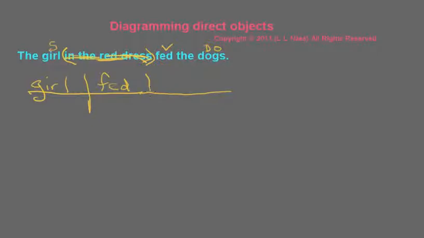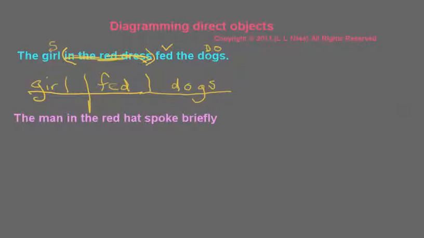And that's not very straight, but that should have been perpendicular. And the direct object goes right here. You'll notice the direct object line does not go clear through. This is why I told you it's very important for this subject verb line to go clear through. The direct object line stops at the baseline. All right? Let's try another one.